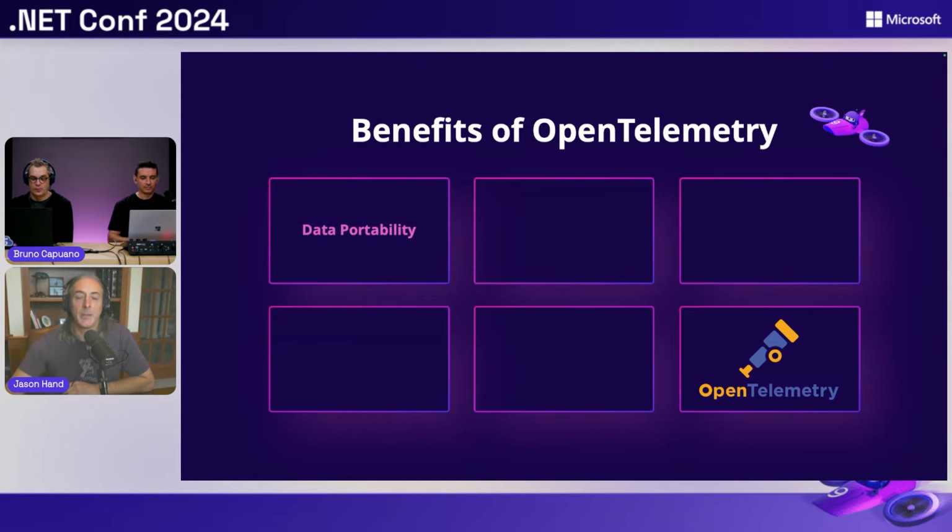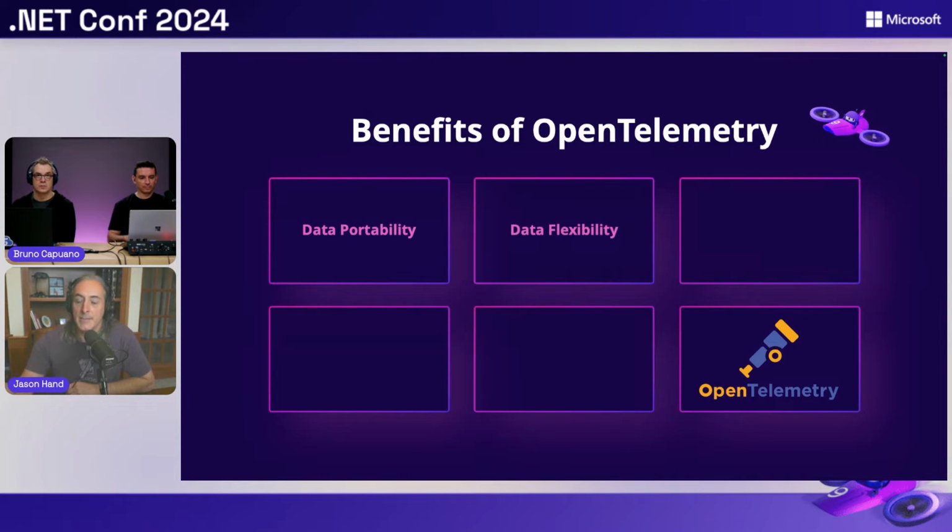The first big benefit that most people talk about when they're talking about OpenTelemetry or OTel is the data portability aspect of it. Being able to have vendor neutral instrumentation and avoiding vendor lock-in is a huge win for everybody, and that gives users, businesses, everybody the freedom and the flexibility to move their data around, try out different things, and do what works best for their situation.